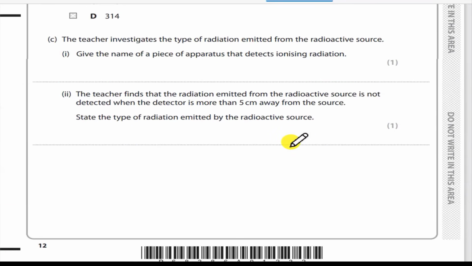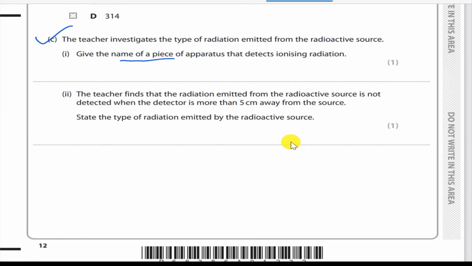Question number C. The teacher investigates the type of radiation emitted from the radioactive source. Give the name of a piece of apparatus that detects ionizing radiation.